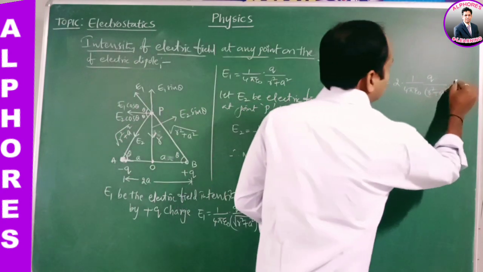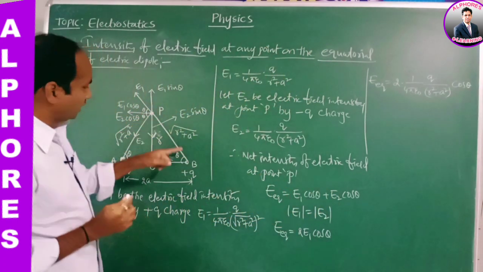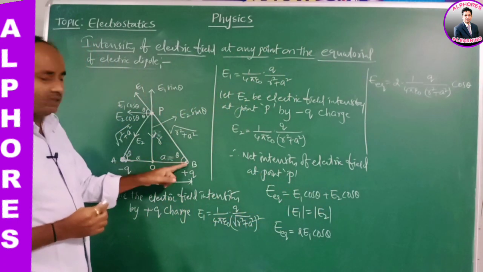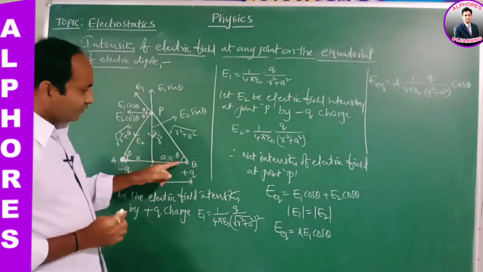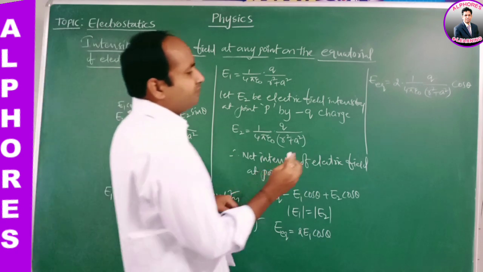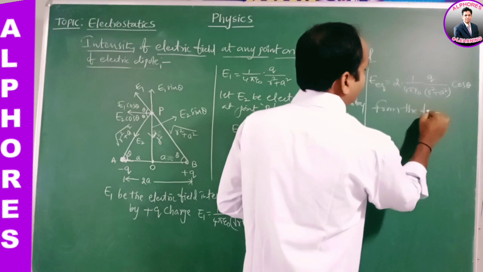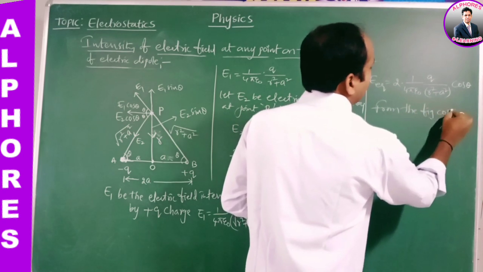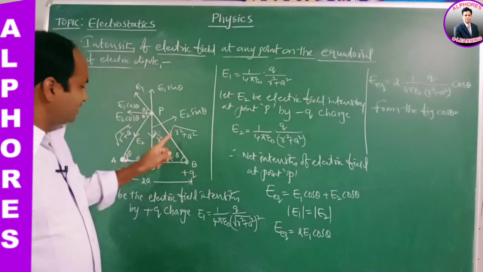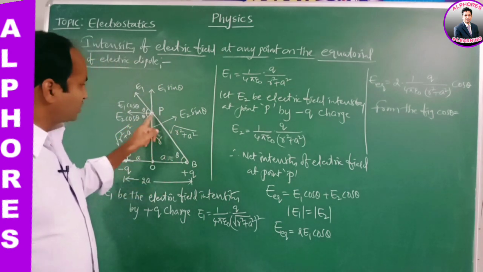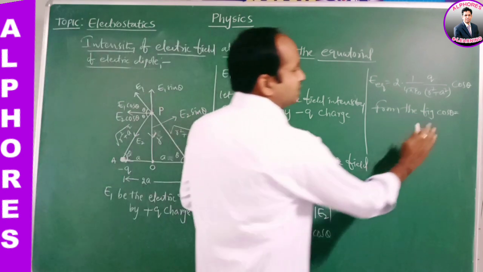Write again cos theta. See, if you observe the diagram OPB or AOP, this is a right angle triangle. From the figure, cos theta can be written as adjacent by hypotenuse. Adjacent is A. What is cos theta? Adjacent by hypotenuse, A by under root of R square plus A square.